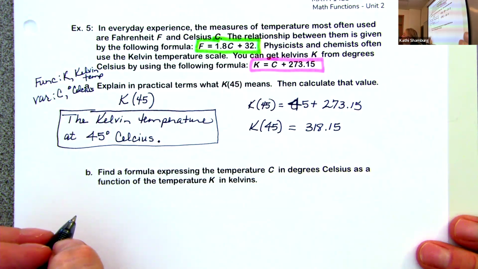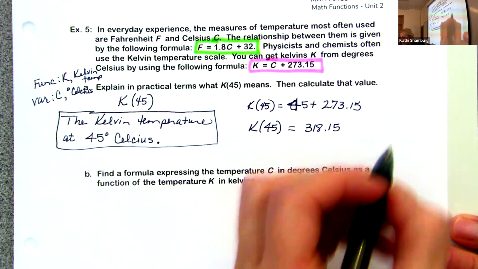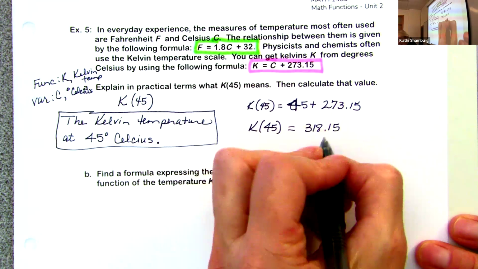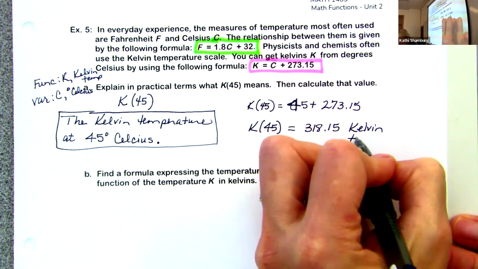What? Degrees Kelvin or Kelvin temperature. I don't know if Kelvin is done in degrees because it doesn't say the word. If you gave me degrees Kelvin, that'd be fine. I'm going to say Kelvin temperature, but I would take both.